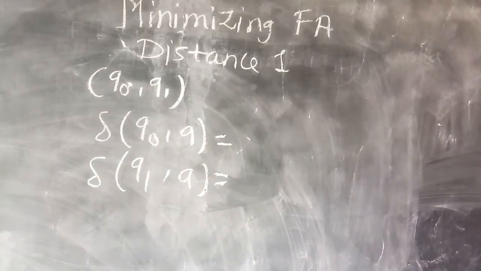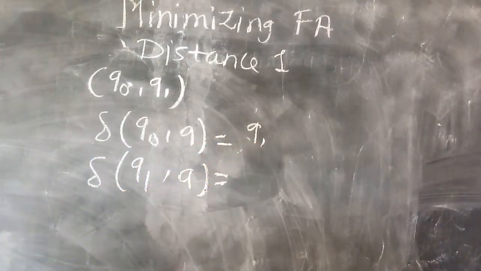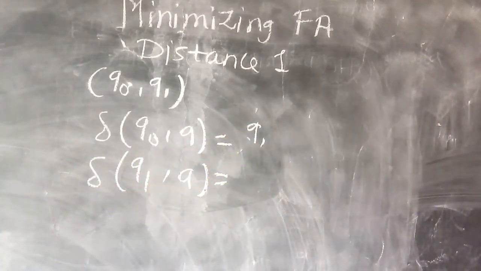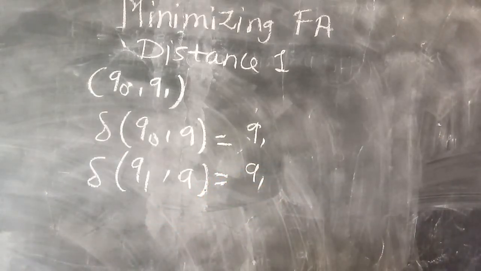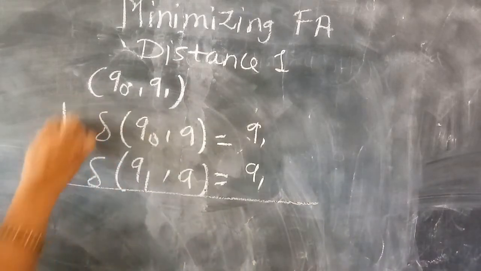From the previous question's diagram, you will get the idea: q0 on a gives us output at the state q1, so q0 on a produces the output q1. What about q1 on a? q1 on a transitions us to the same state, that is q1. This is the one set of calculation.